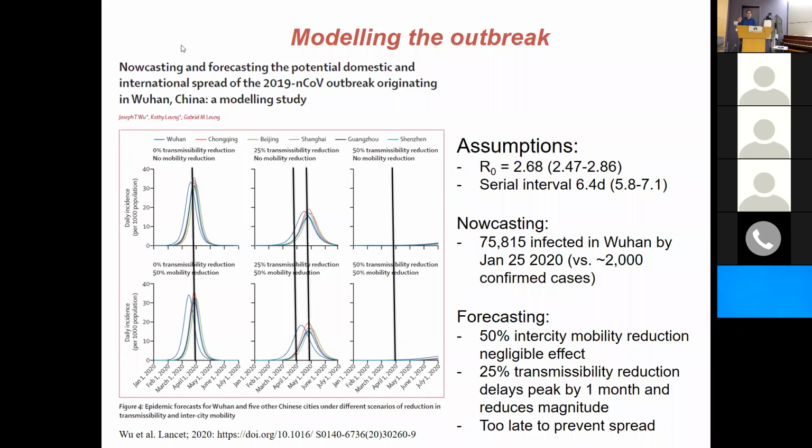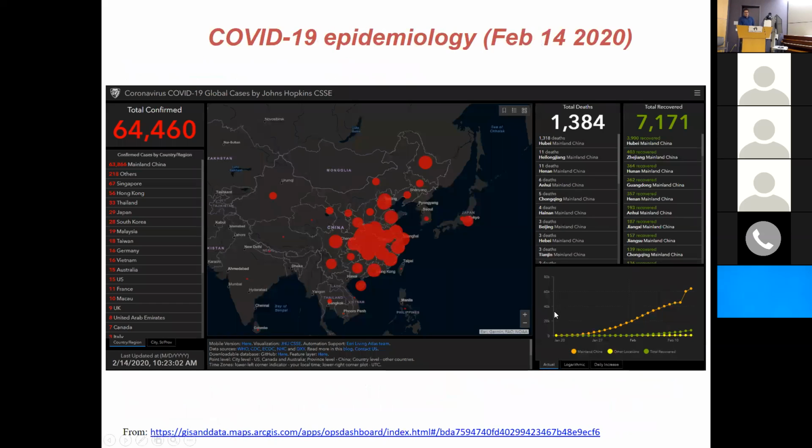Now, it didn't really play out this exact way, but what I want to show you here is that if you can reduce the transmissibility, which is your middle figure on top, you can reduce that peak very significantly, and that's very important when we talk about strategies later on. Reducing mobility, the lower curves there, doesn't make a huge difference.